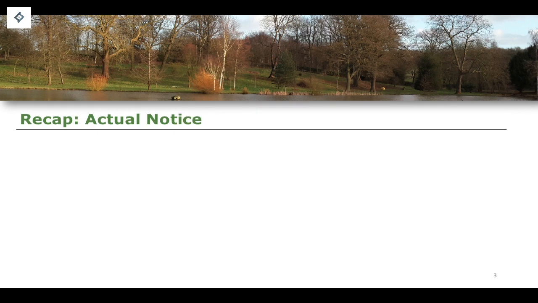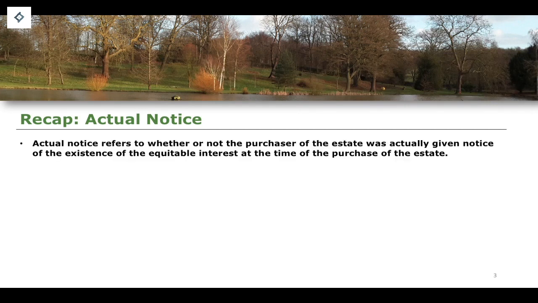Now, as a very basic and brief recap, let's just explore what actual notice entails very quickly. Actual notice is what we looked at in the previous lesson, and it just refers to whether or not the purchaser of an estate was actually given notice of the existence of an equitable interest at the time at which the purchase of the estate takes place.